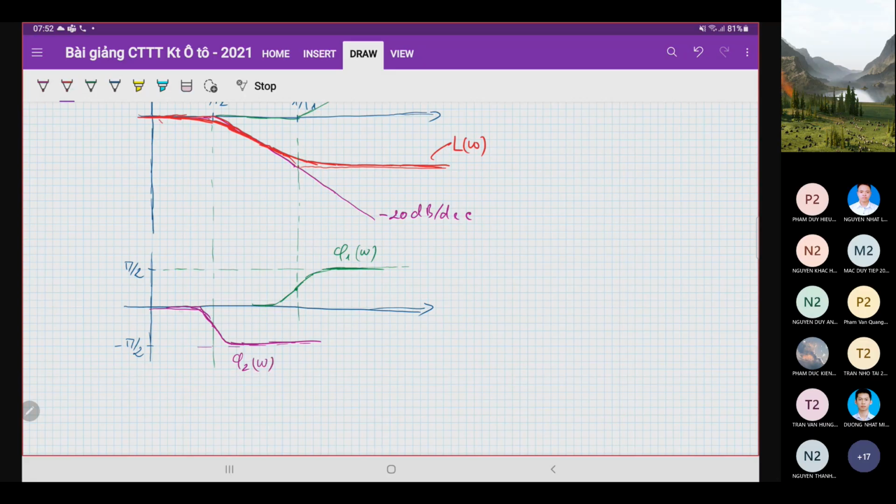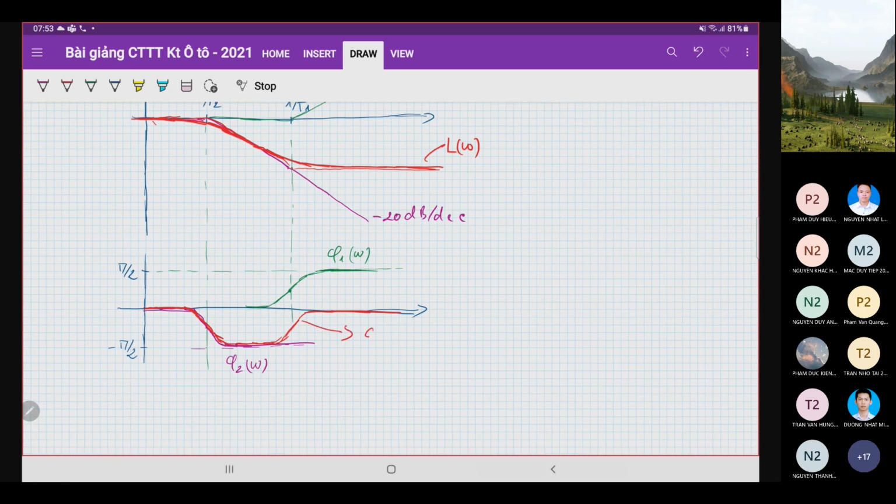Of course, when we combine these together, we will have this one. Sorry, it's not like this. This one again, and then we will see here phi omega equal to phi1 omega plus phi2 omega.